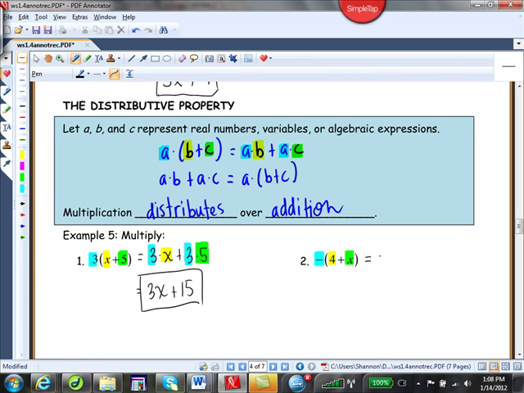So this will be -4 and then plus -x. And this is how they match up to the rule. So this, of course, would just be -4 minus x.